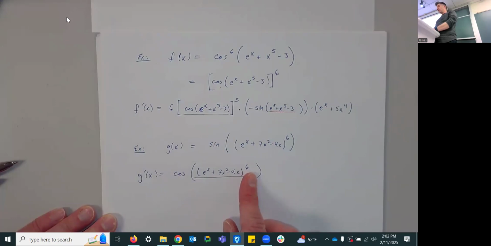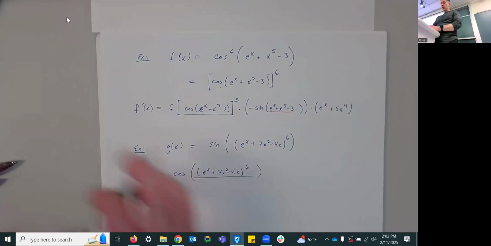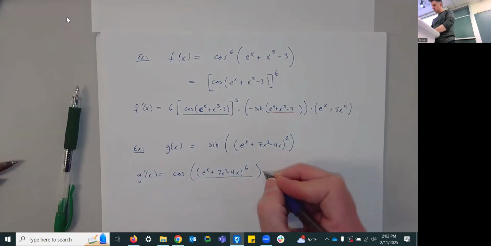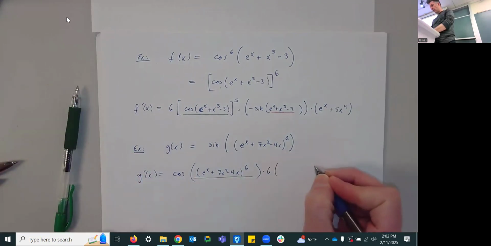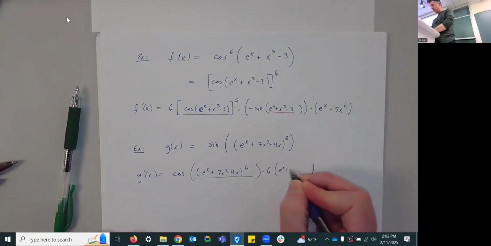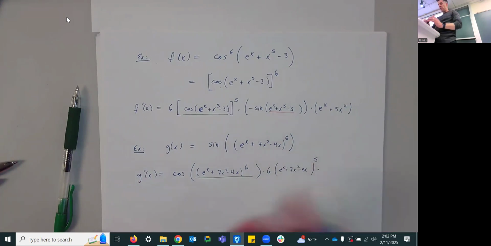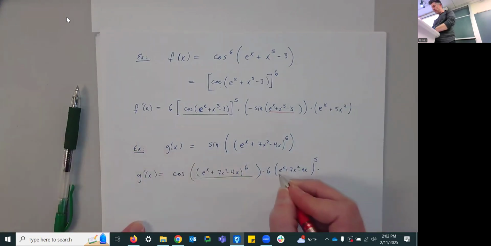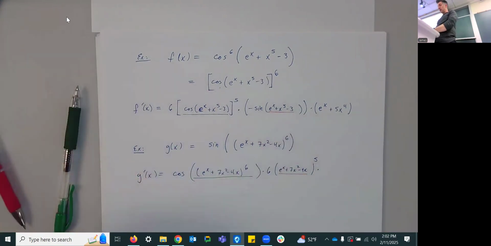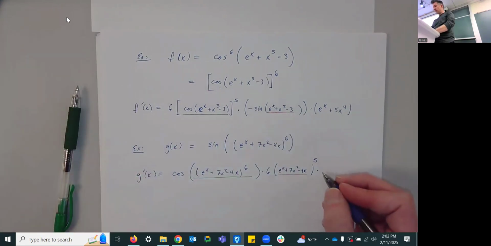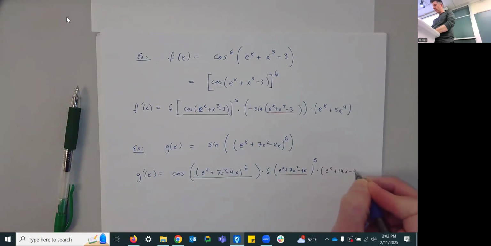Its derivative is going to be 6 times that stuff to the fifth times the derivative of that newer stuff. So we're going to get 6 times all of e to the x plus 7x squared minus 4x to the fifth power, but then we have to multiply by the derivative of the inside of that. And the derivative of e to the x plus 7x squared minus 4x is going to be e to the x plus 14x minus.